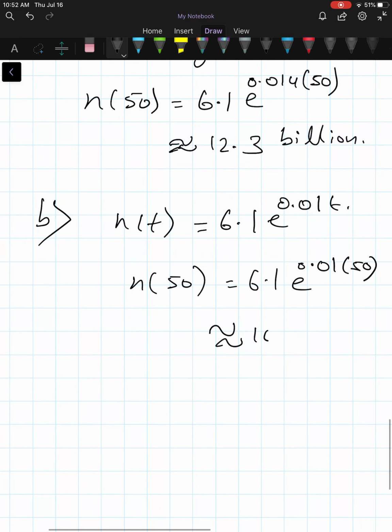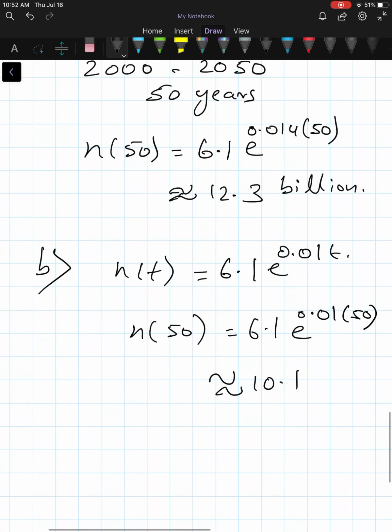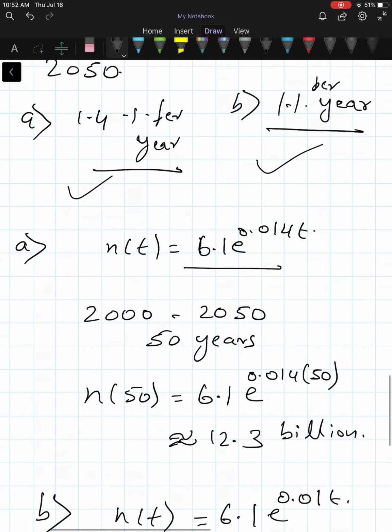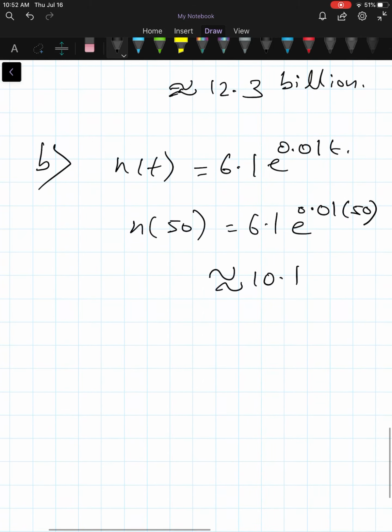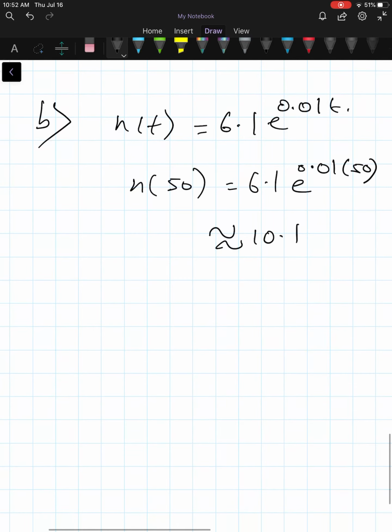So that would be approximately 10.1 billion. So you can see that there is a very high increase of 2 billion in population just with a change of 0.4 percent in the rate of growth.